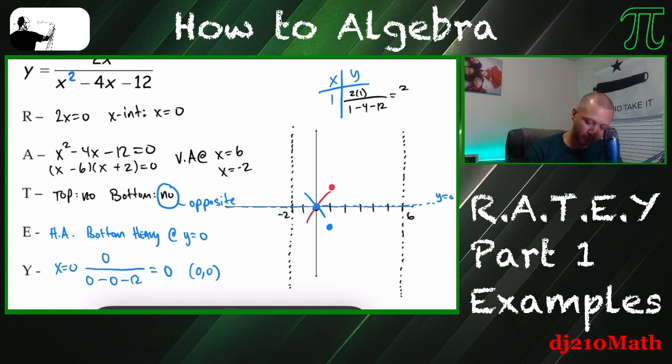So this is going to be 2 over 1 minus 16, because negative 4 and negative 12 is negative 16. So 2 over negative 15, a negative value. So right away, I know that when x is 1, y is going to be negative 2/15, somewhere like in here.